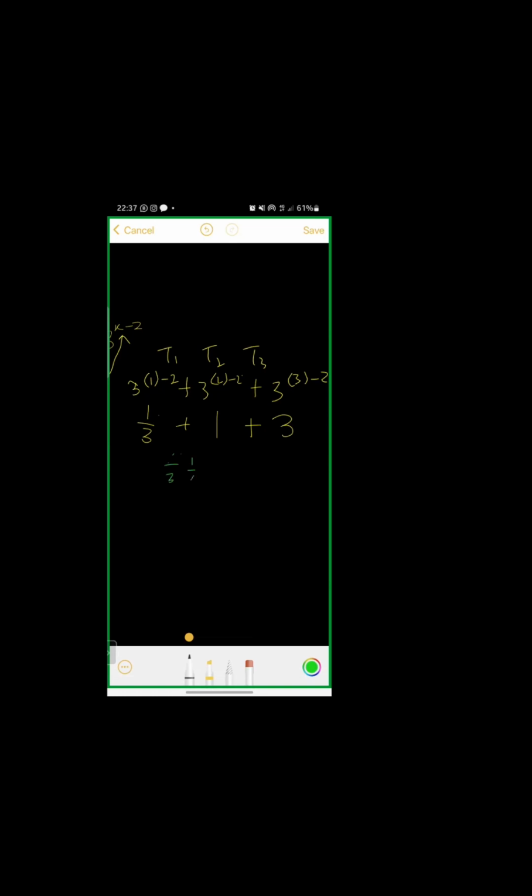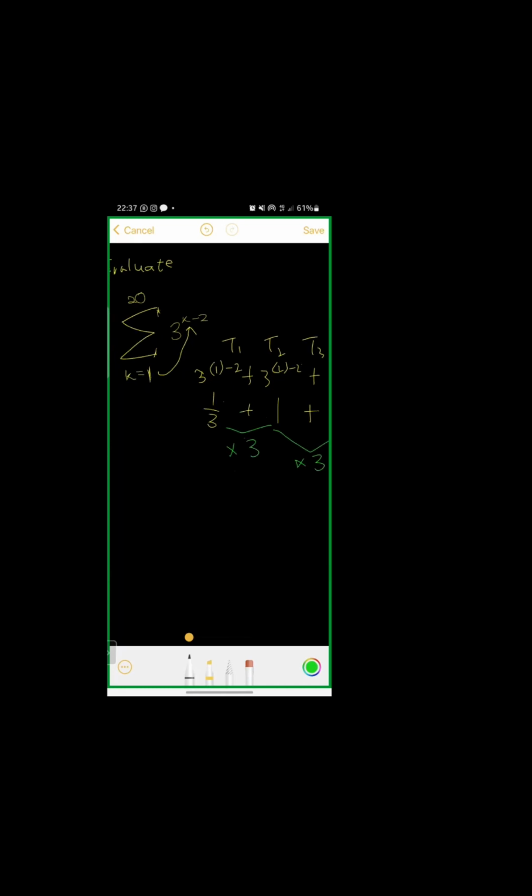We multiply by 3. And from 1 to 3, what do we multiply by? We multiply yet again by 3. So we can confirm that this is a geometric series.